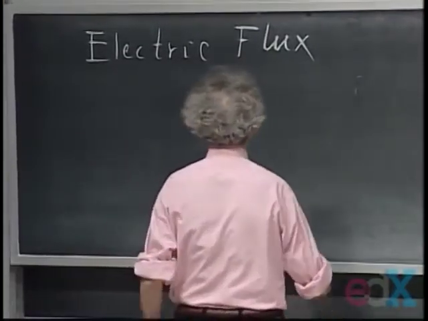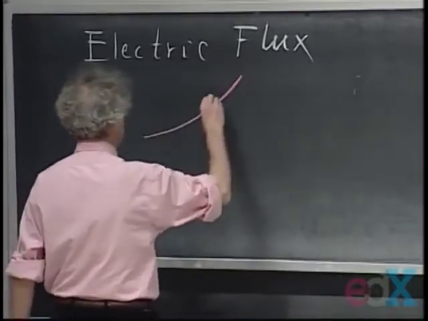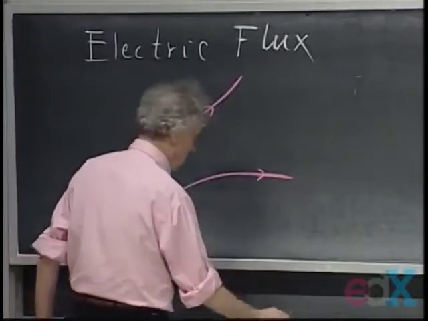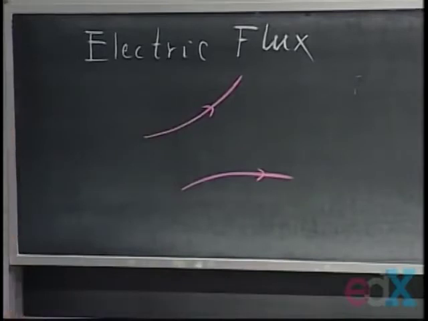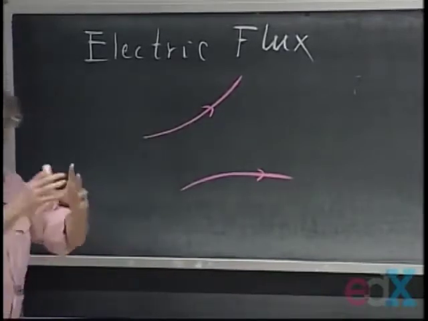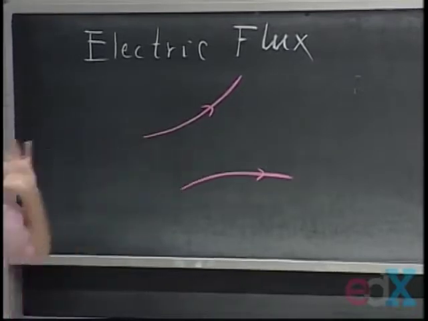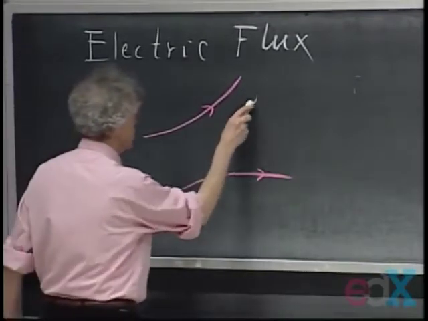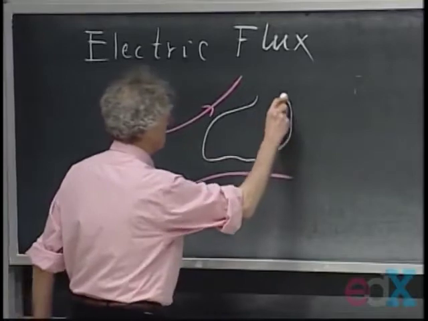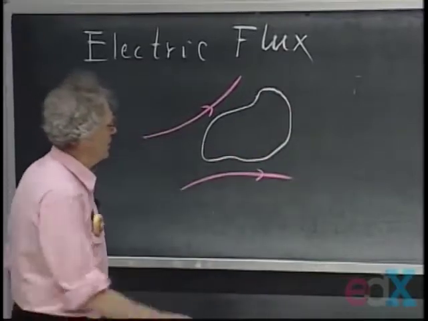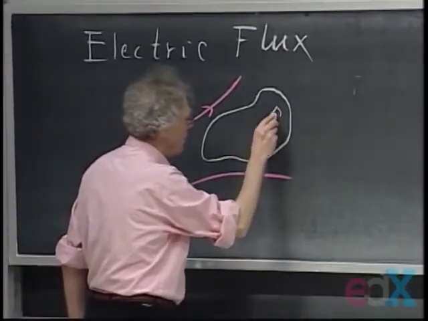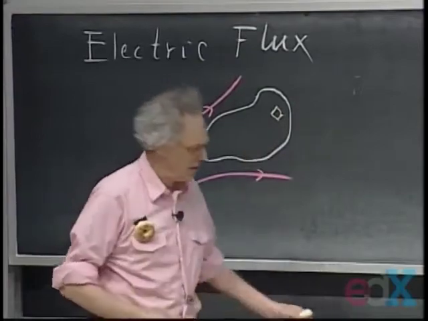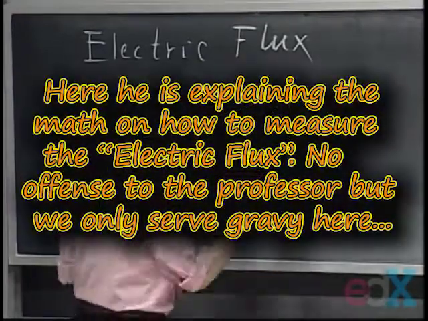Suppose I have an electric field, which is like so, and I bring in that electric field a surface, an open surface, like a handkerchief or a piece of paper. And so here it is, something like that. And I carve this surface up in very small surface elements.